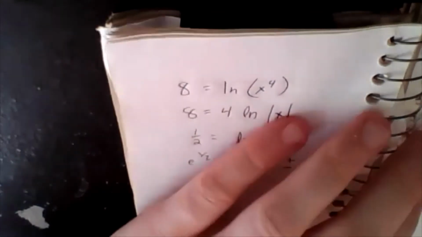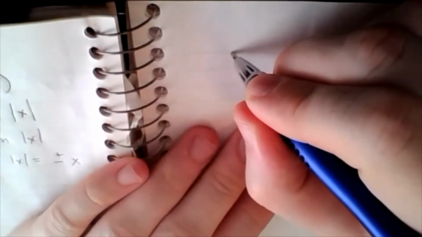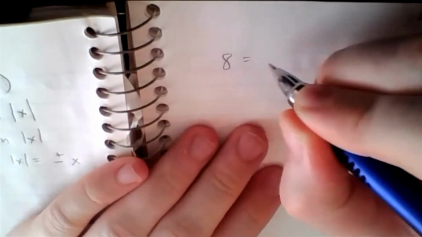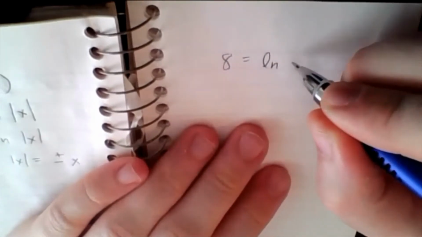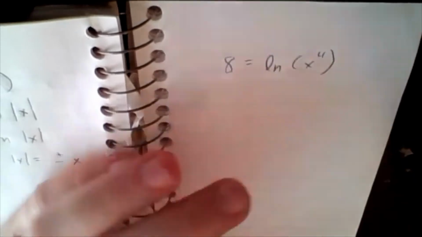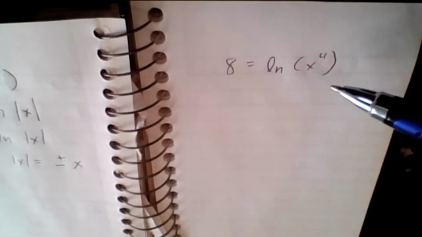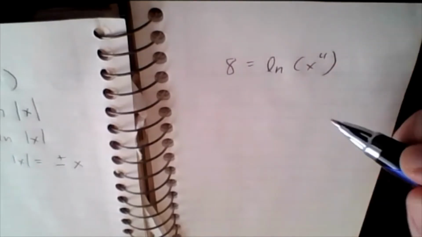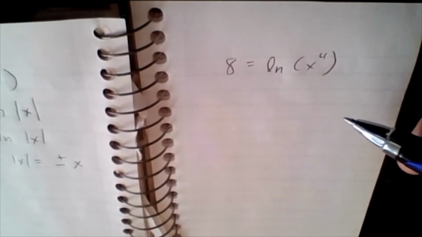Let's try this in a way that doesn't require us to be careful about the absolute values. Let's look at 8 equals the natural log of x to the power 4. Since I just have the natural log of something that I want equal to a constant, I'm going to exponentiate both sides.